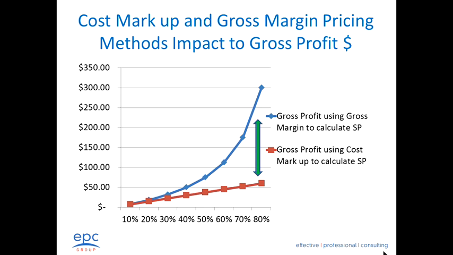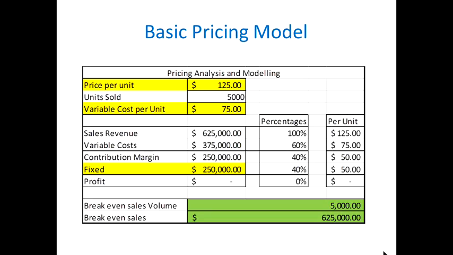When you're using a markup of 80%, the gross profit that you're going to get is just over $50. So that's why you really want to be clear, because the profitability you get between one pricing methodology and the other is dramatically different. Very, very different. Let's go to the next slide.